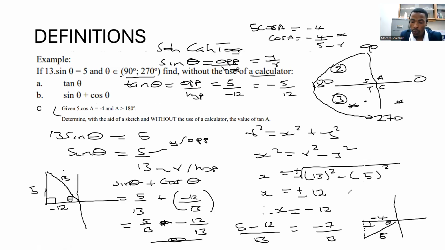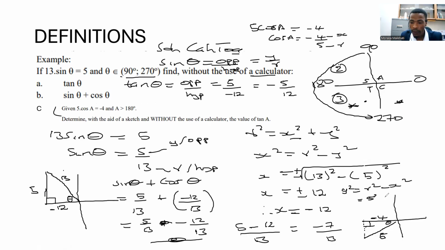So what do we use? We use the theorem of Pythagoras. So we can make y the subject of the formula, so we can say y squared is equal to r squared minus x squared. Allow me to just shorten everything. What is our r?